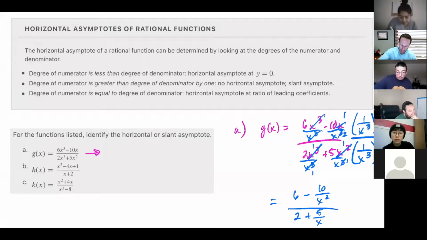And why did I do that, you guys? If I plugged in infinity here, here, here, and here, everywhere there was an x. What's infinity cubed? Times 6, Richard. Don't forget times 6. And then minus 10 times infinity.